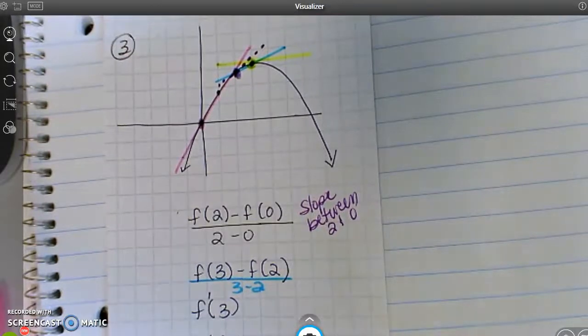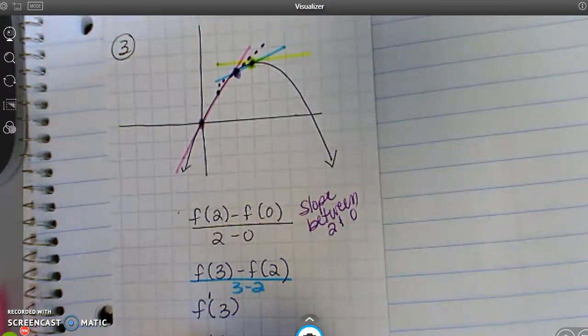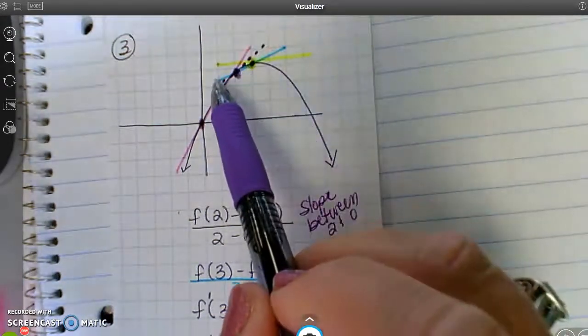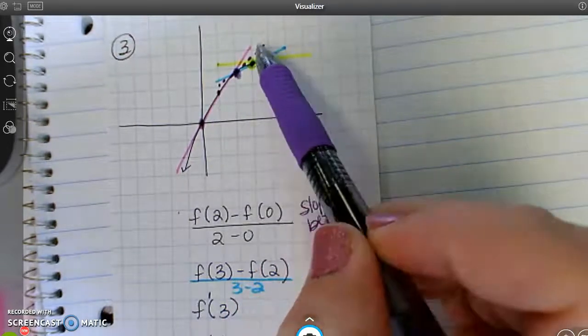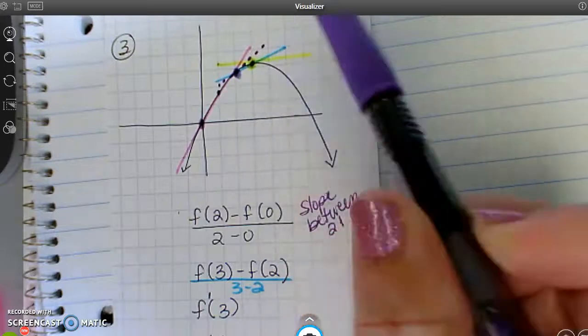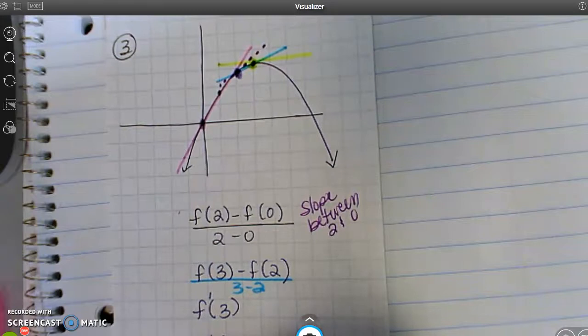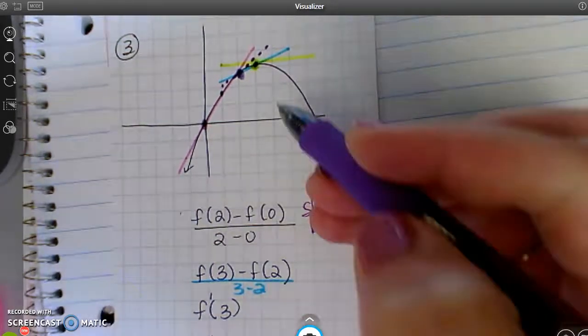Alright, so if I'm putting that in order, everything's positive except for the yellow. Yellow was f prime of 3, so I know f prime of 3 is first. And then I just want to think about how steep it is. So I have the blue, the purple, and the pink. It looks like the blue is less steep, so it's f of 3 minus f of 2 over 3 minus 2.